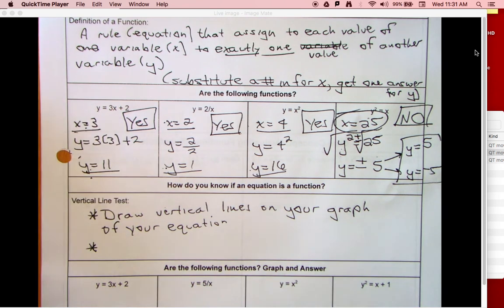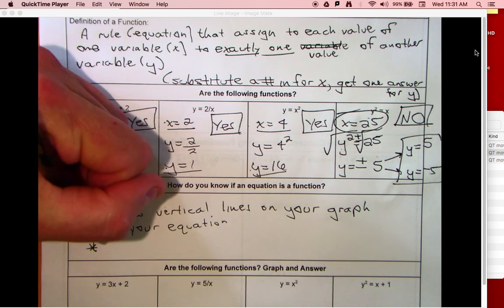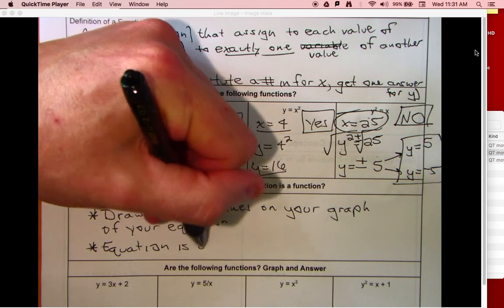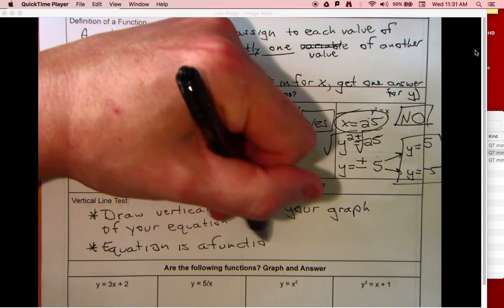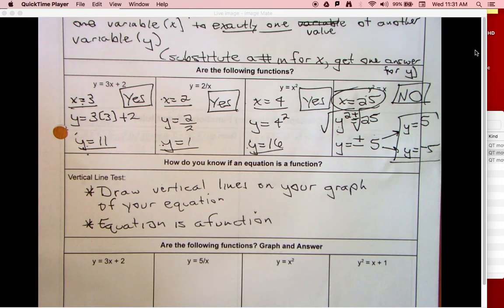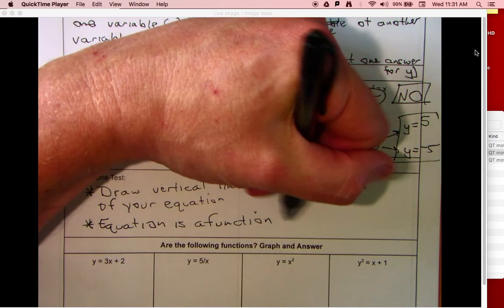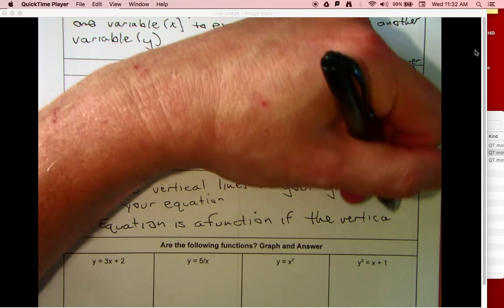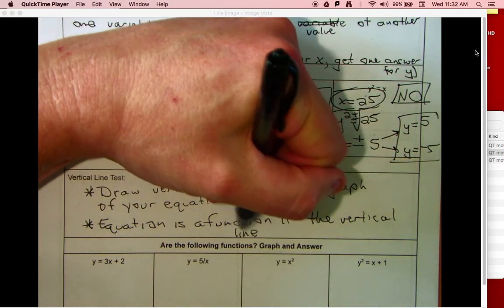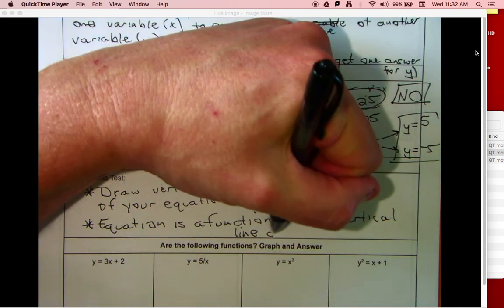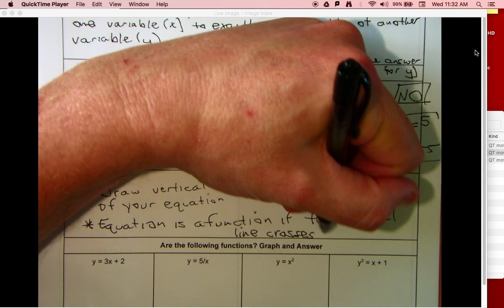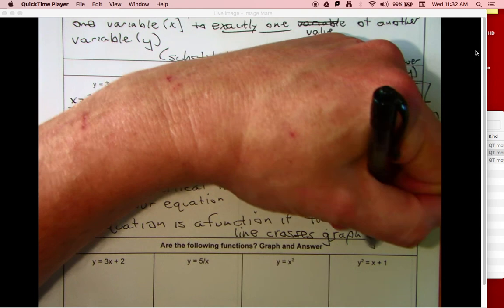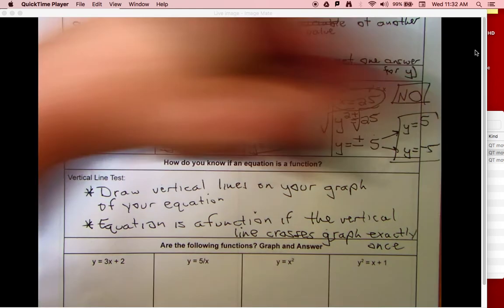The rule for the vertical line test says that the equation is a function if the vertical line crosses the graph exactly once. Once again, you've got the exactly once piece.